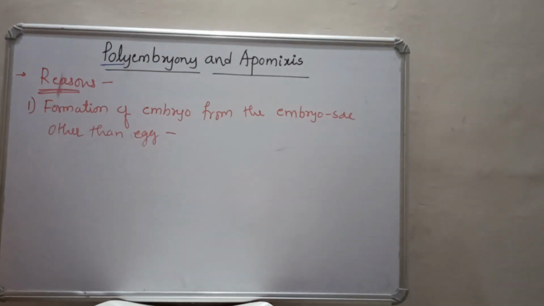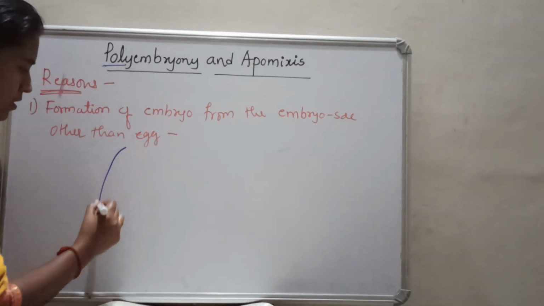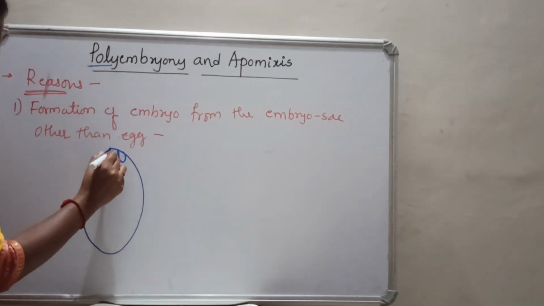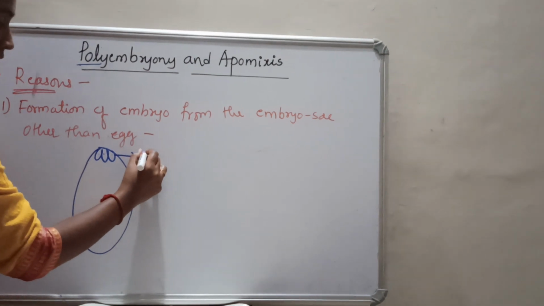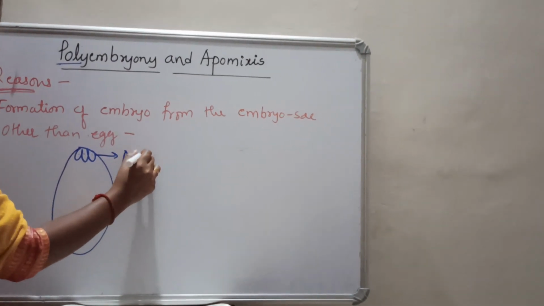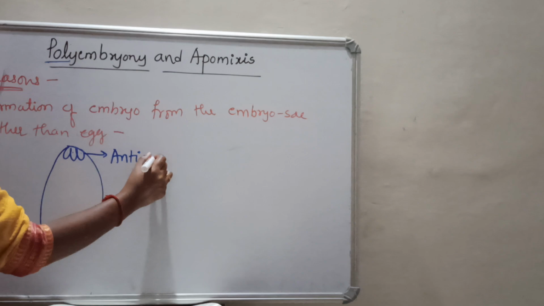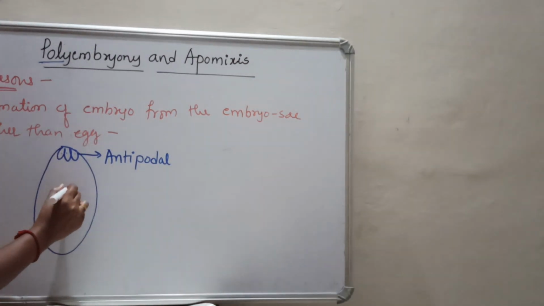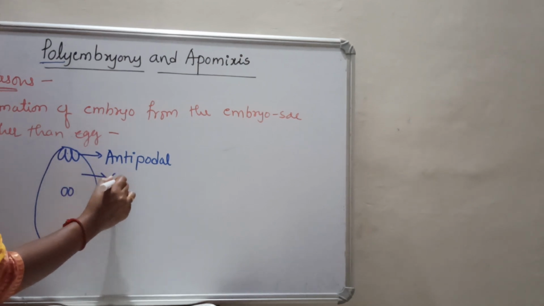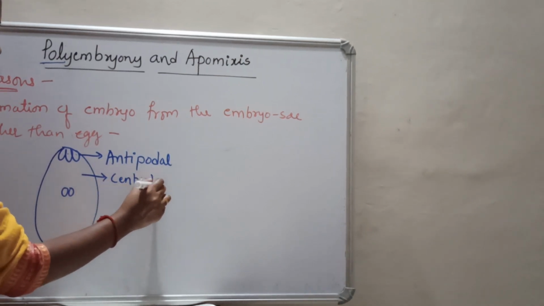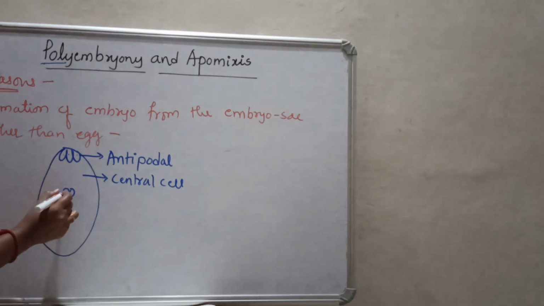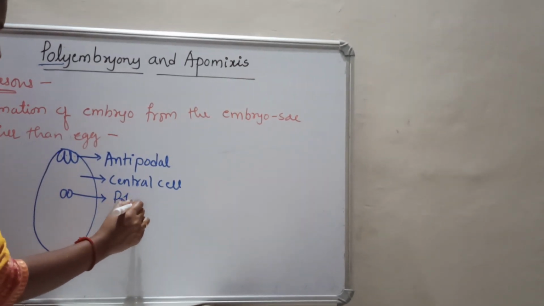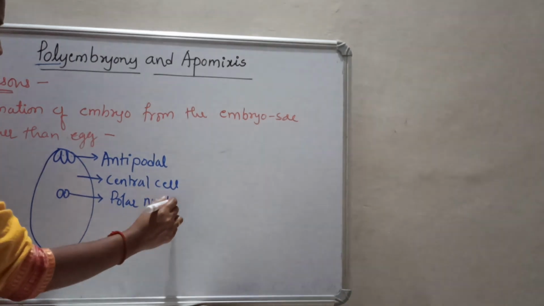Generally, in the structure of the embryo sac, at the chalazal region there are 3 cells, called antipodal cells. At the center is the central cell, in which 2 nuclei are present, called polar nuclei.